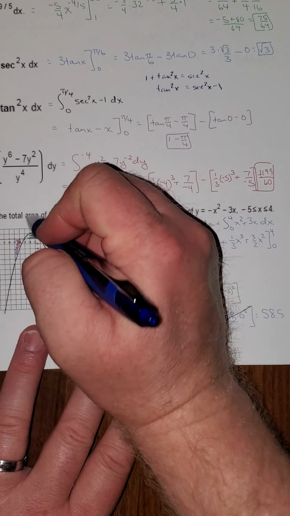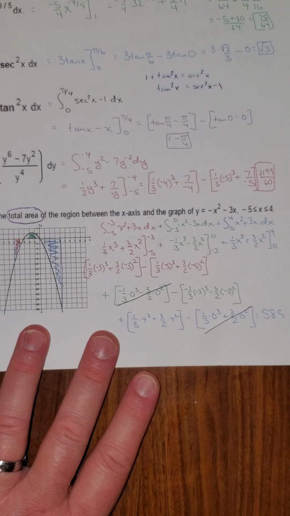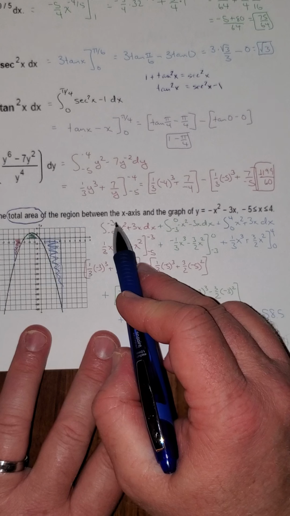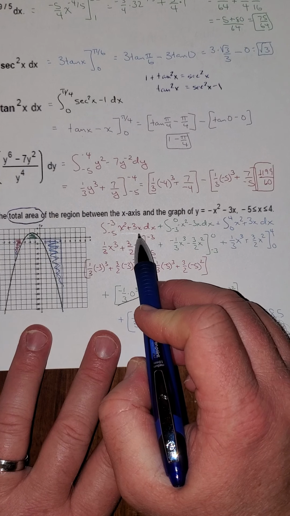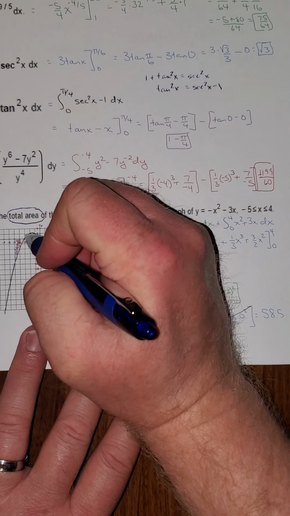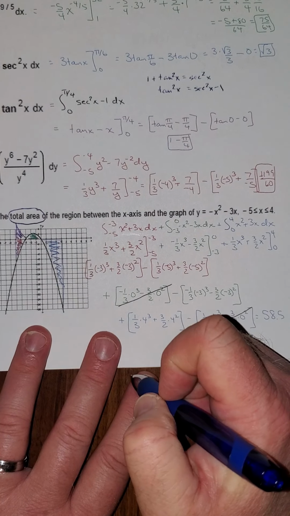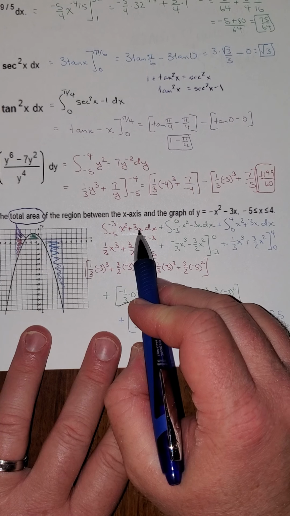Now, this says I want total area. And what did we say about areas? Areas have to be positive. That's why here, when I went from negative 5 to negative 3, I took the opposite of my function. Because if I take the opposite of my function, it's going to flip it up here and make it positive. I get a positive area for the red.